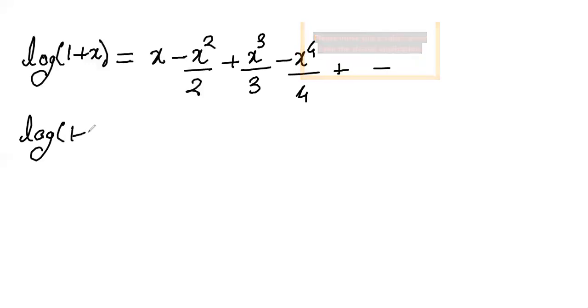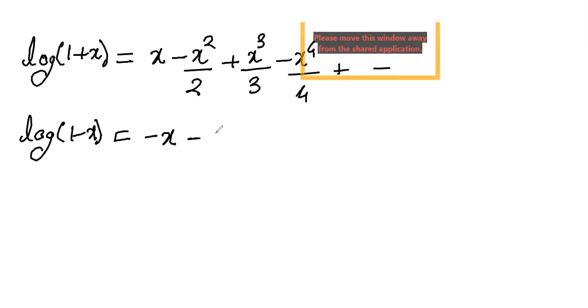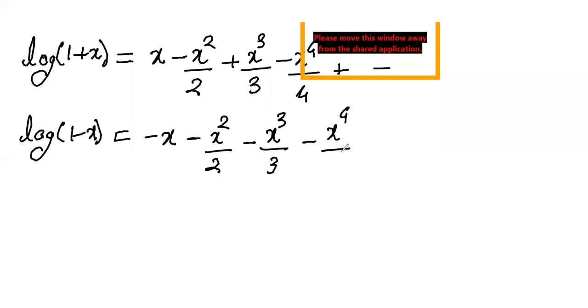Similarly, if I want to find out log 1 minus x, I'll have to just replace x by minus x. So it will be minus x, minus x square is also x square, it will be minus x cube by 3, then x to the power 4 upon 4 and so on. All things will be minus, so I can take minus common.